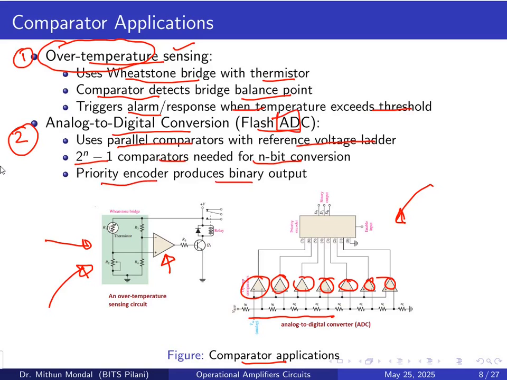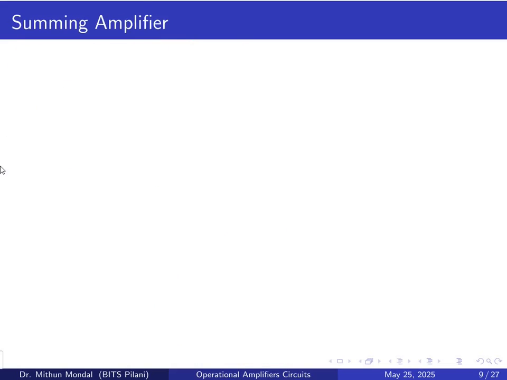The priority encoder produces the binary output. So here we will be getting the binary output at the output of this comparator analog to digital device. I have discussed here a very basic circuit and a few applications of the comparator. We can discuss more detail in later discussions.